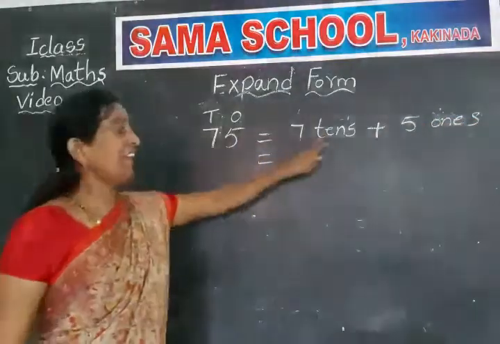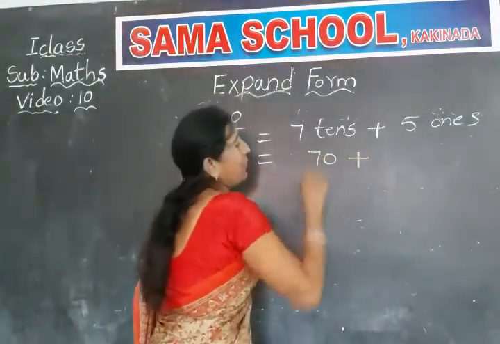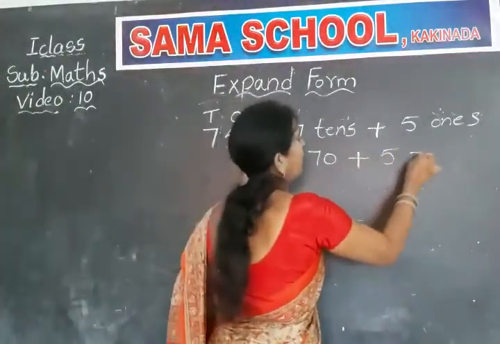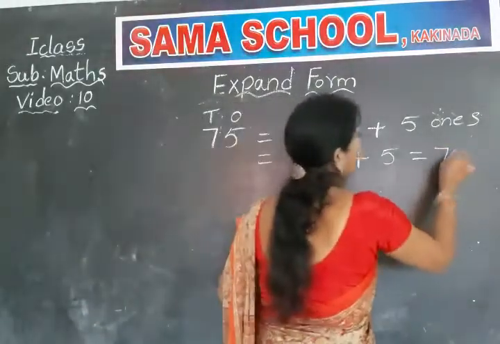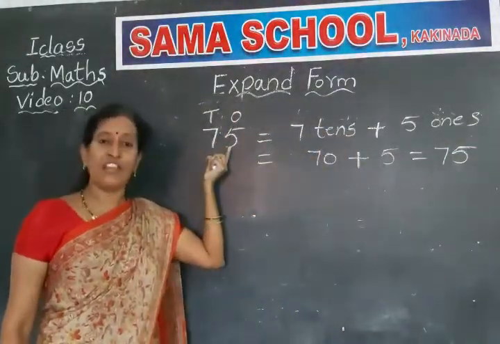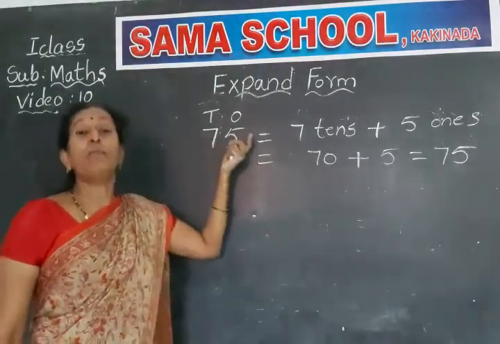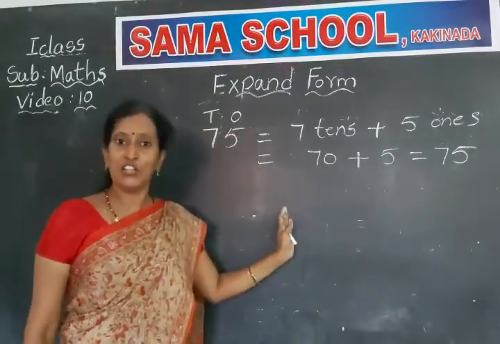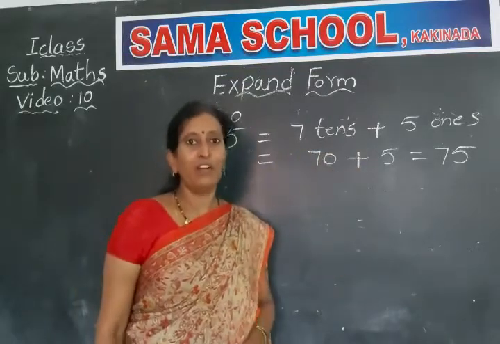So 7 tens means how much? 70. Next, 5 ones means only 5. Now 70 plus 5, 75. This is the expanded form, meaning the short form of the number you expand more, using the place value of the digits. Do you understand, my children? Okay, this is the expanded form.